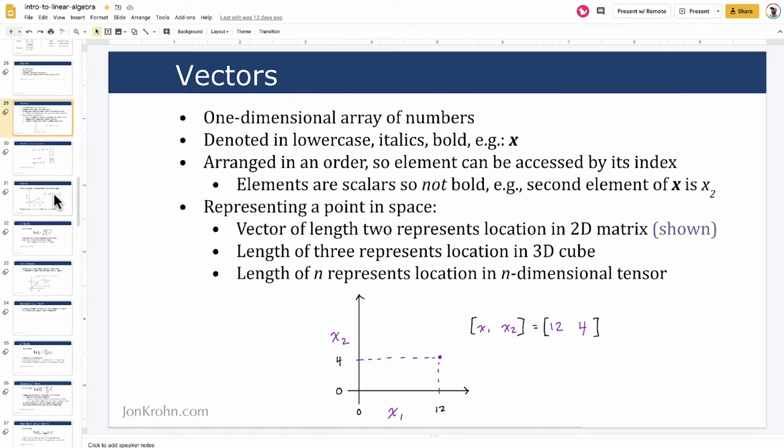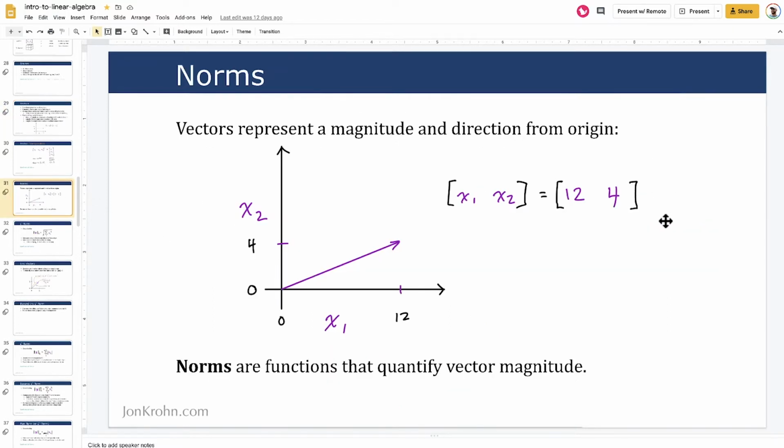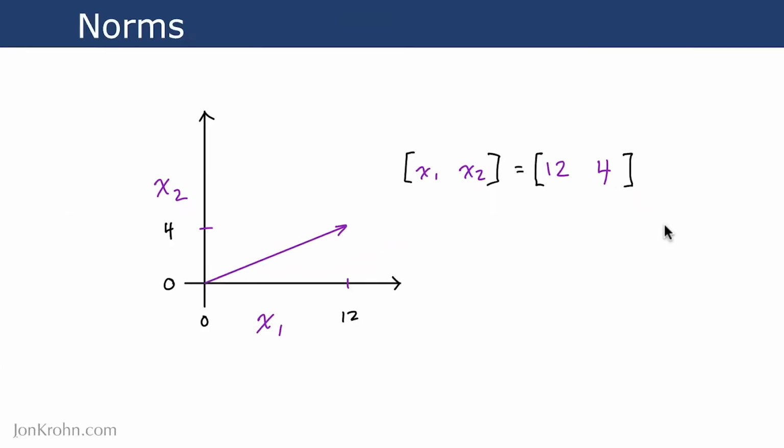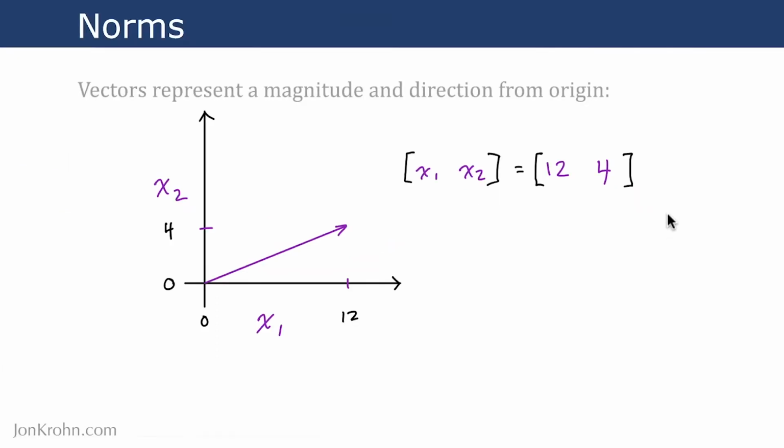We can also think of that same vector as representing a magnitude and direction from origin. So in this case, the vector traces in space from that 0, 0 origin to that 12, 4 coordinate.